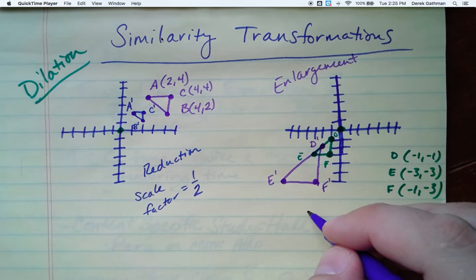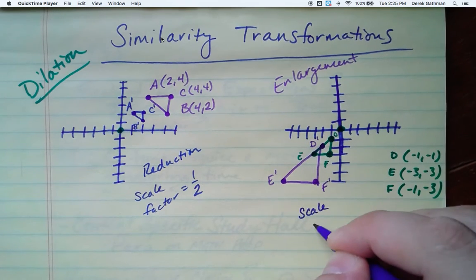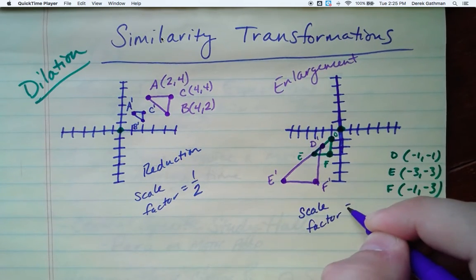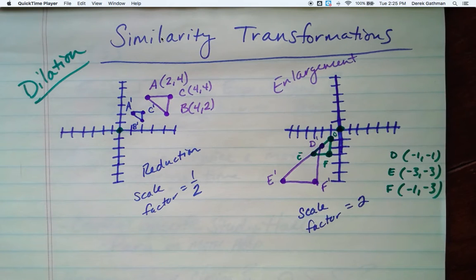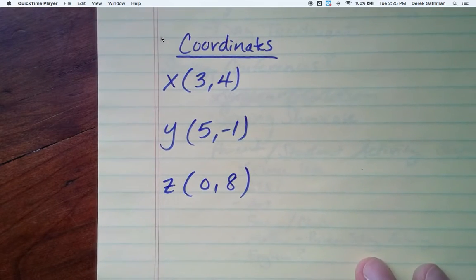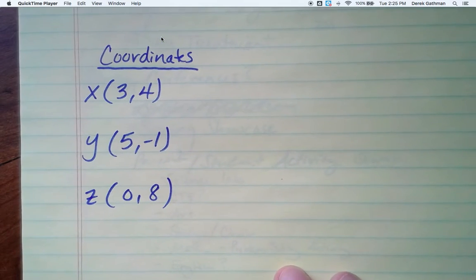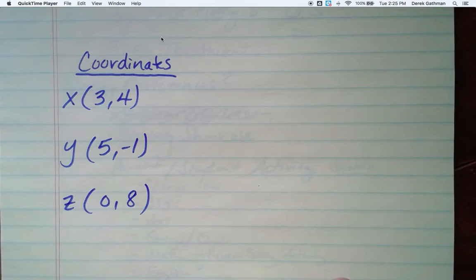In my enlargement, my scale factor over here would have been 2. So that just tells me how much it's going to grow by. And I'm always multiplying. And it's pretty straightforward when we're using a dilation in a coordinate plane.